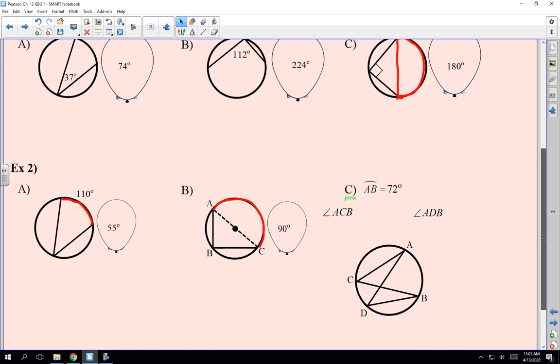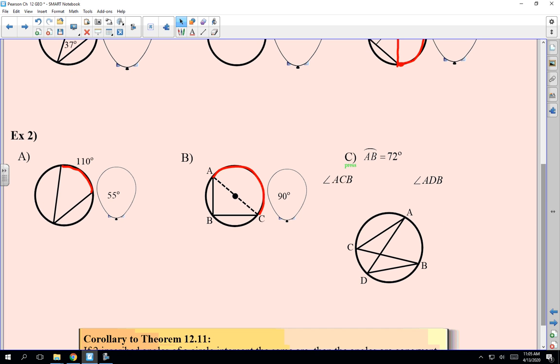All right, so suppose that AB is 72 degrees. So there's AB, it's 72 degrees. We're going to find the measure of ACB. ACB is right there, and angle ADB, which is right there. Both of those inscribed angles are congruent because they hit the endpoints of the same blue intercepted arc.